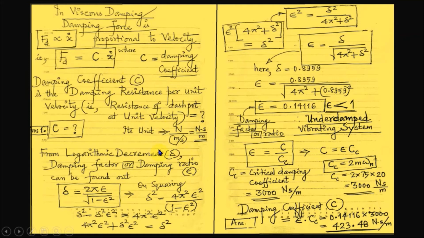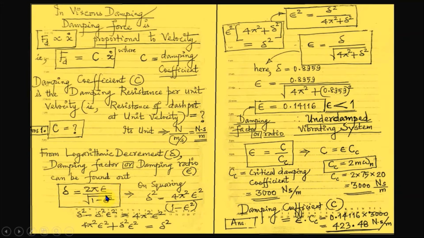And what is the unit of damping coefficient? Damping force Fd has the unit Newton divided by velocity, meter per second. So therefore Newton by meter per second. So the unit is Newton second per meter. You have a relation connecting the logarithmic decrement and the damping factor or damping ratio. So damping ratio, here it is represented by epsilon.